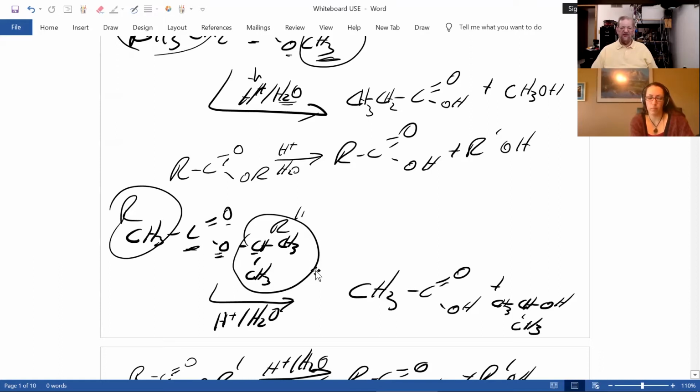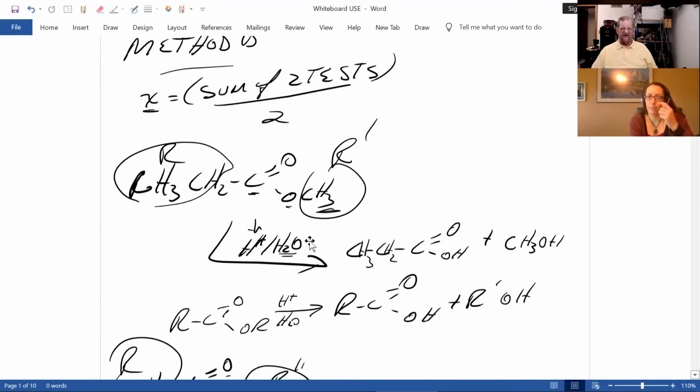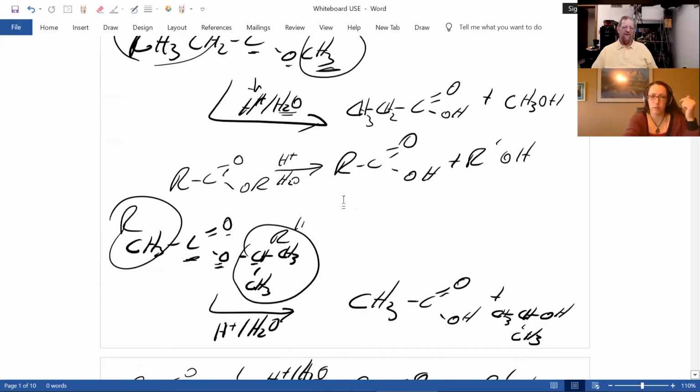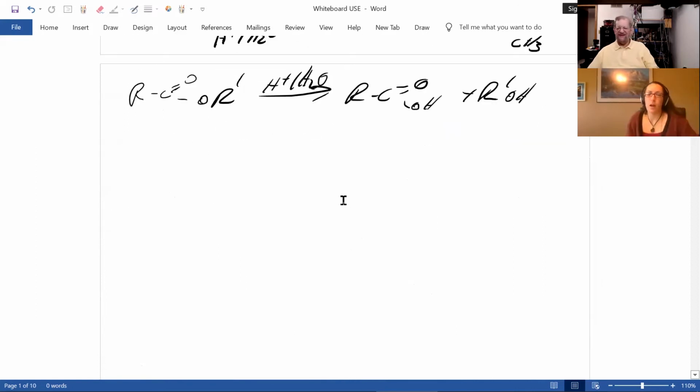I'm pretty sure I did this, so I'm not going to do a synthesis one on here. Oh, I'm not going to cheat you. When you asked, I was trying to look through my notes and I was looking at the wrong section. We did do the ester acid hydrolysis and we did the ester base saponification. I did the base too. We did that a little bit.